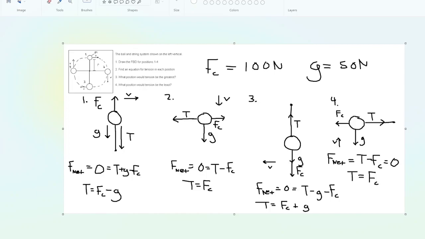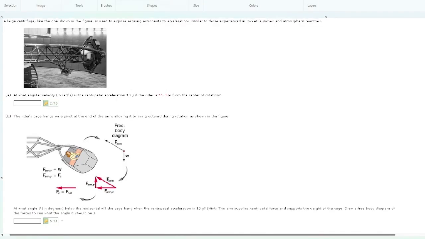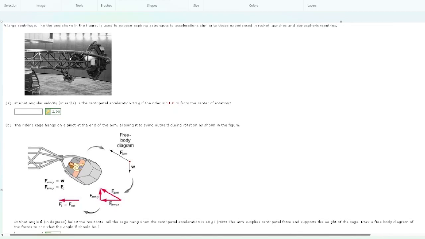Next problem. All right, so this is question number 1 from the homework. I do have the answer key right here, but that really doesn't matter unless you can arrive at the correct solution. So let's go ahead and see what we can do with this.